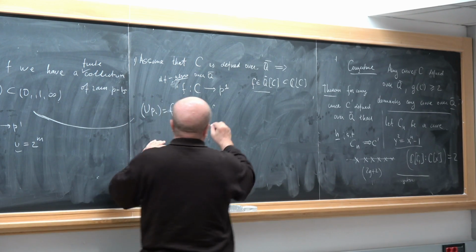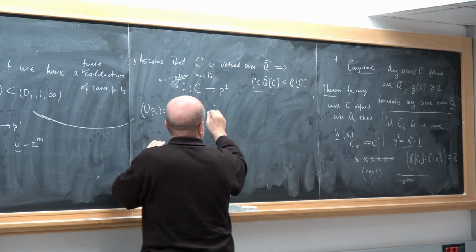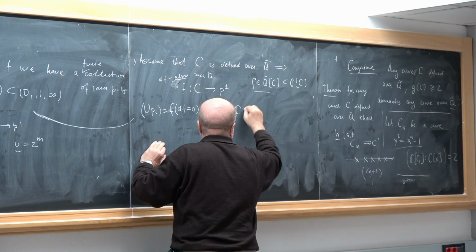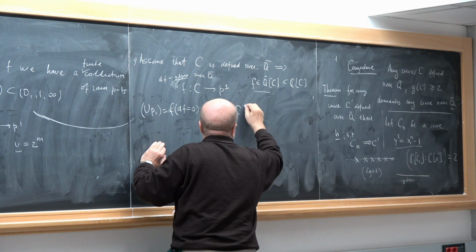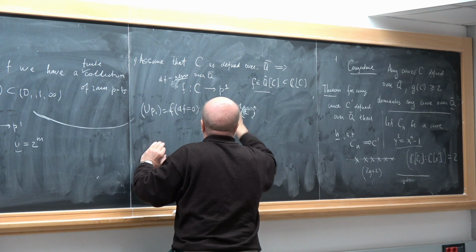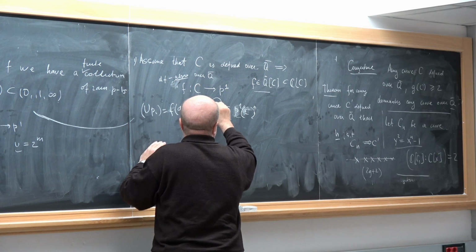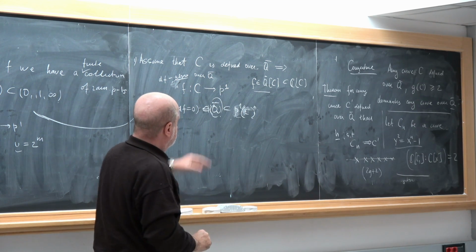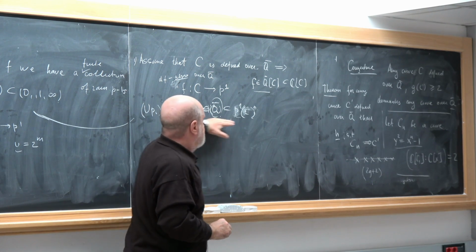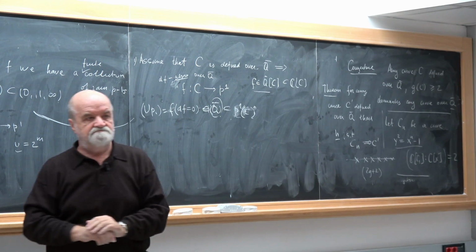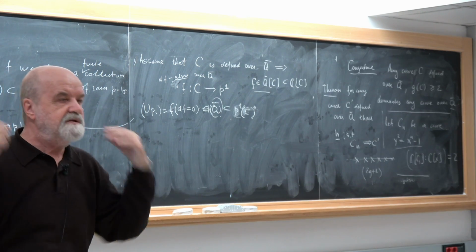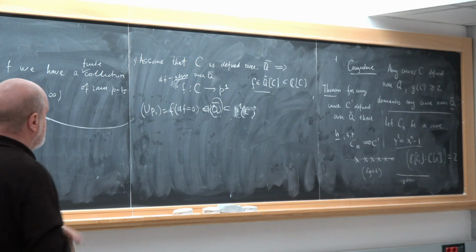Therefore, the set of f of df equal to 0 will be inside Q bar. So the image of the ramification points is a set of algebraic points. The image of algebraic points under a map defined over algebraic numbers is again algebraic numbers. And that's the only thing we need.